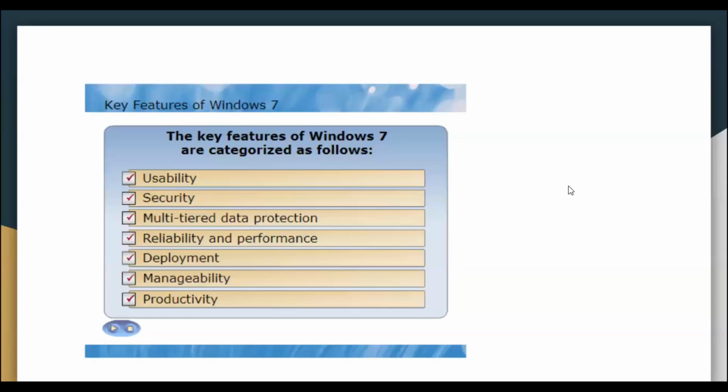Windows 7 is deployed by using an image, which makes the deployment process more efficient due to the following factors. The Windows 7 installation is based on the Windows image. Windows 7 is modularized, which makes customization and deployment of the image simpler.